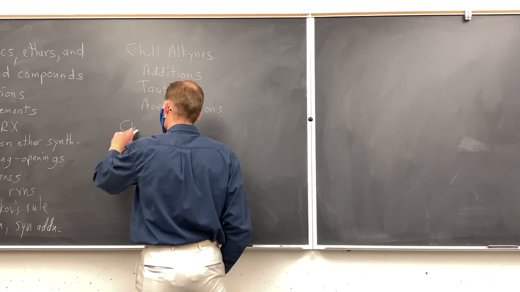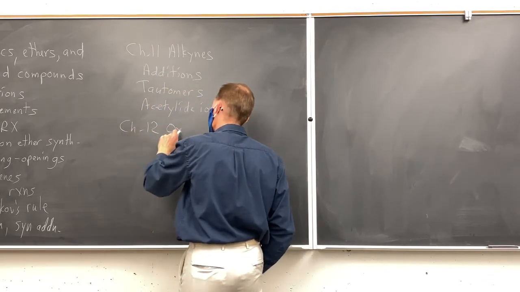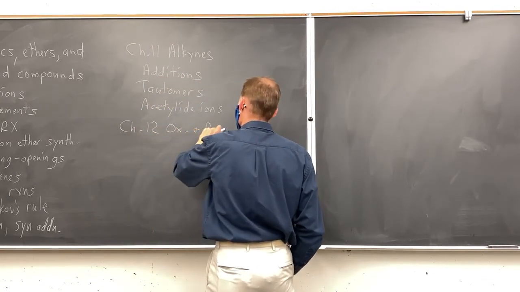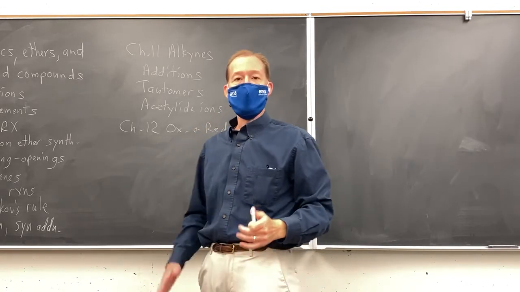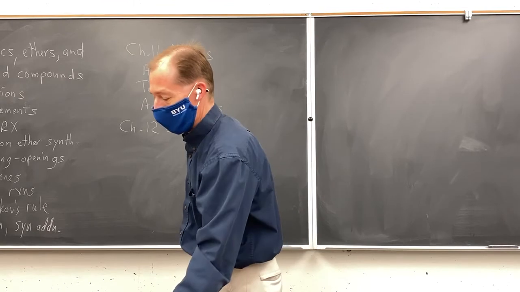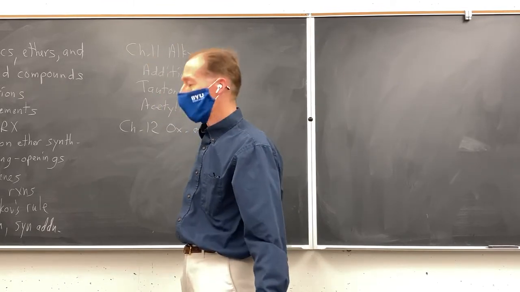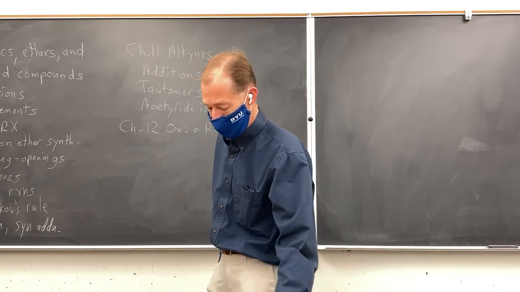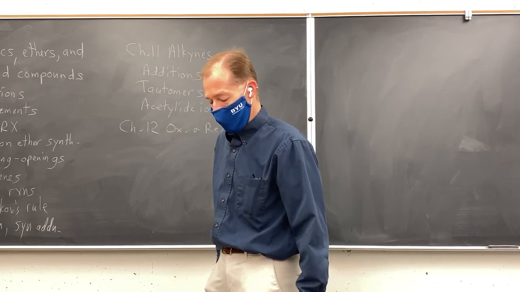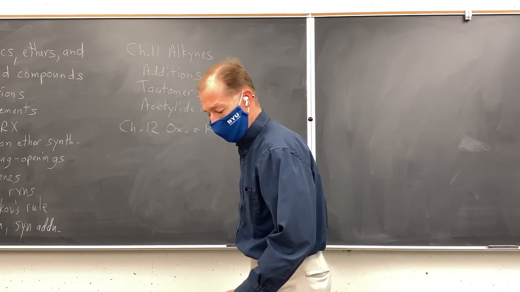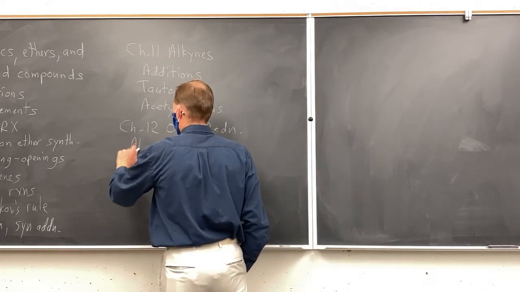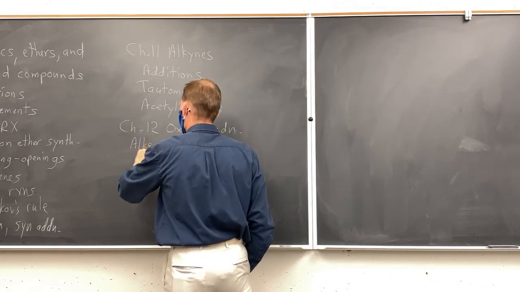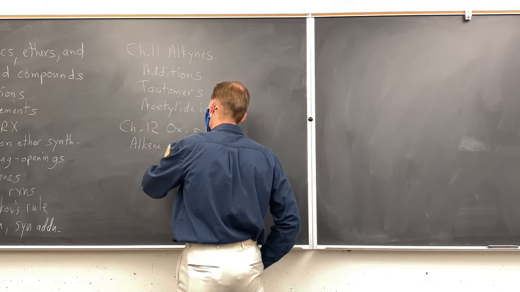Chapter 12, oxidation and reduction. Again, a topic that you would learn in general chemistry, but we studied it a little bit differently in organic chemistry. And so here we learned about things like alkene and alkyne reduction.